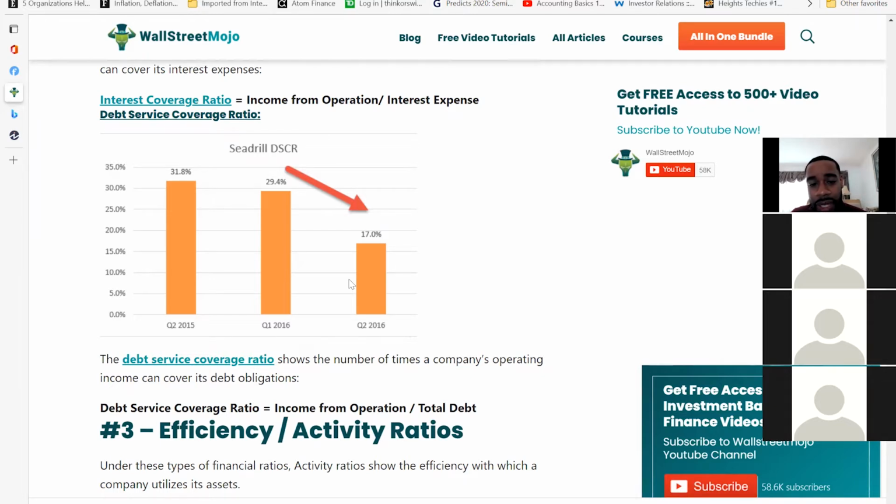Car companies need tons of debt, right? Or maybe a real estate developer, they're completely dependent on debt. So different industries have different industry averages. So I would base that on the industry average.